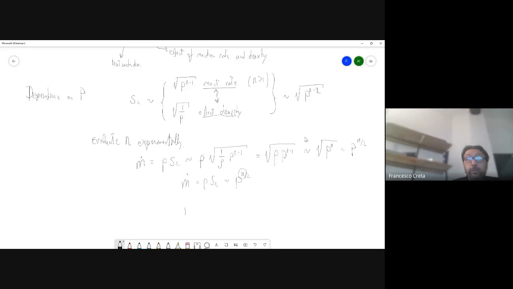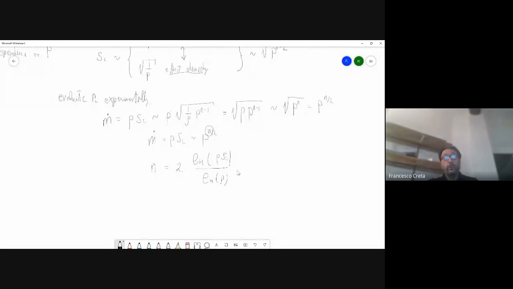So from this expression, we can write down that the reaction order is 2 times the natural logarithm of rho SL divided by the natural logarithm of the pressure. So you devise an experiment where for a particular pressure, you know what the mass flow is which stabilizes the flame, and then you can estimate the reaction order.